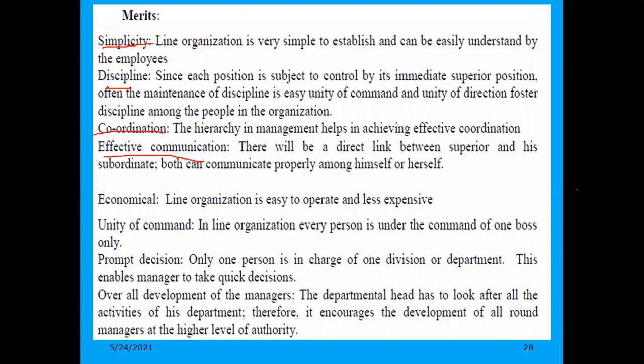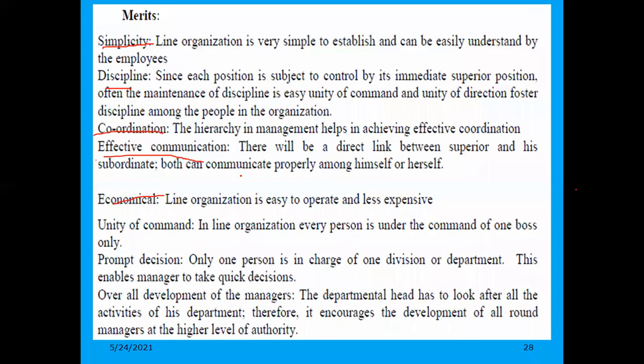There will be a direct link between the superior and the supervisor and they communicate properly among themselves.